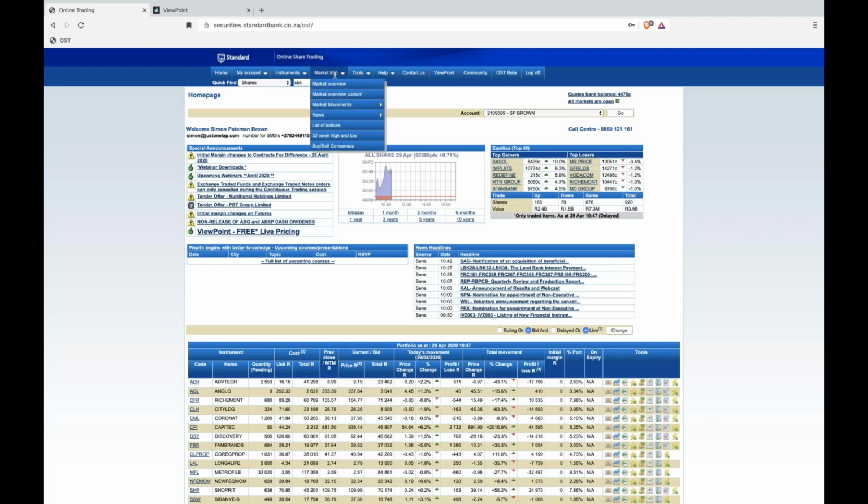Let me see if I can find it here. List of indices.